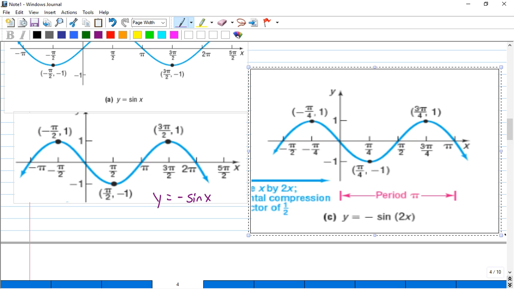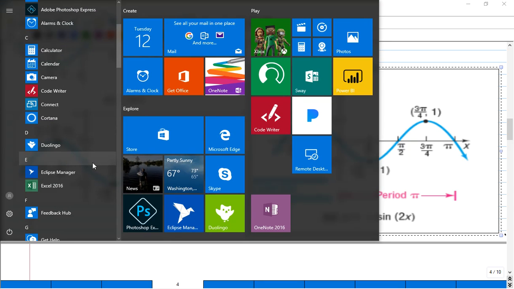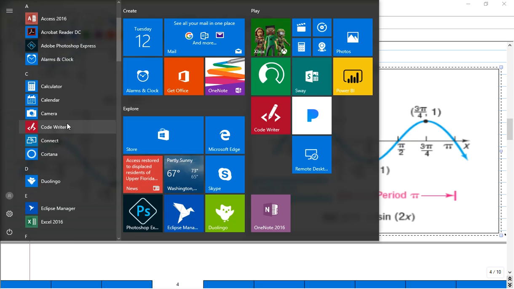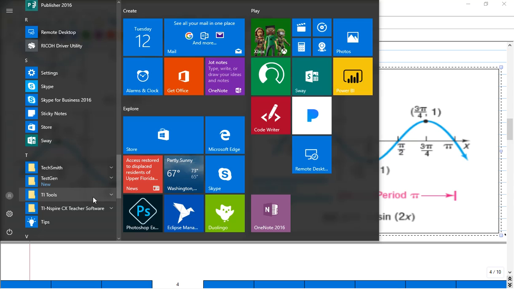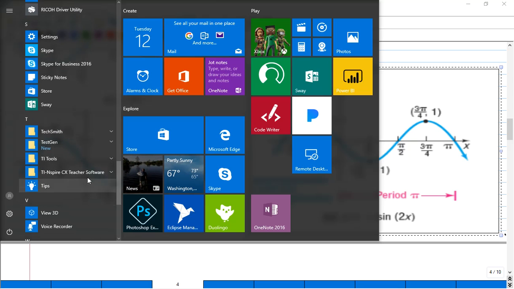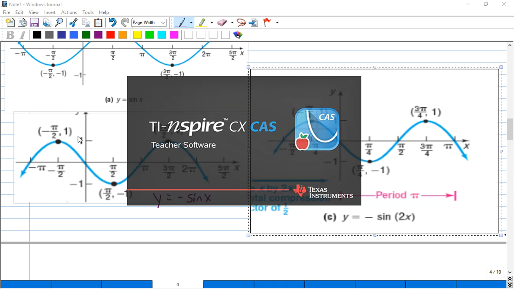Alright, let me show you one more thing. I'm just trying to drive home the concept before I actually show you how to graph it. Let me pull up my graphing utility that I have. I think that's what I need.